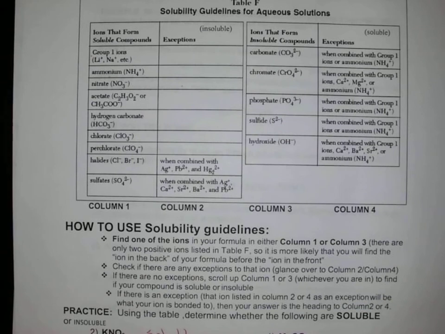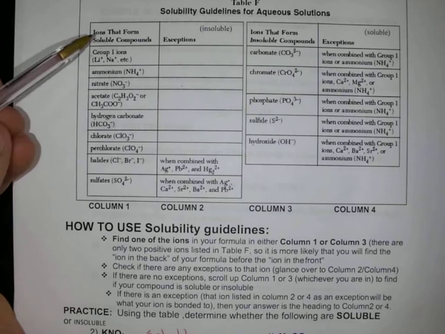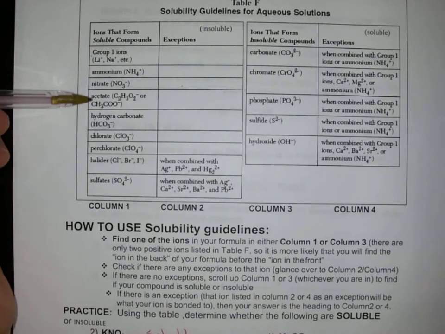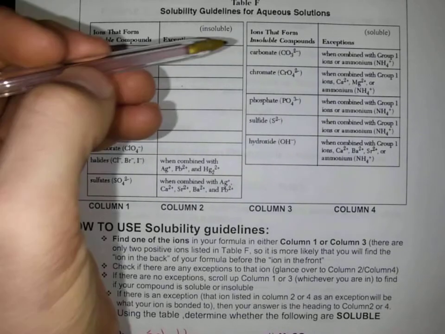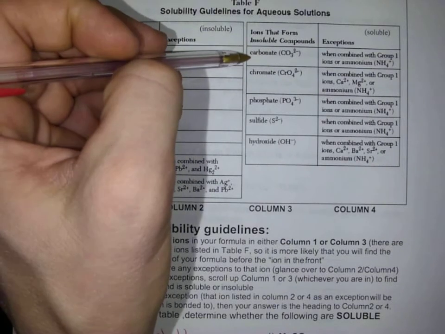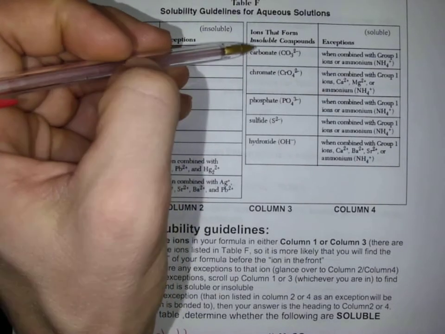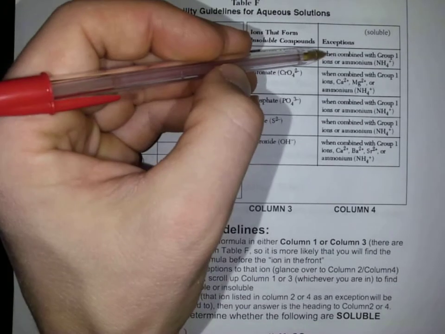Let's try and look at calcium carbonate now. We don't see calcium listed anywhere in column 1 or column 3, so let's look for carbonate. Carbonate is CO3 2-. It's not showing up in this column, but over here in column 3 it shows up as insoluble, but then it has some exceptions.